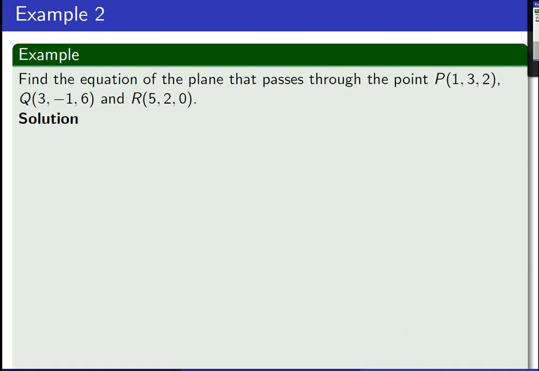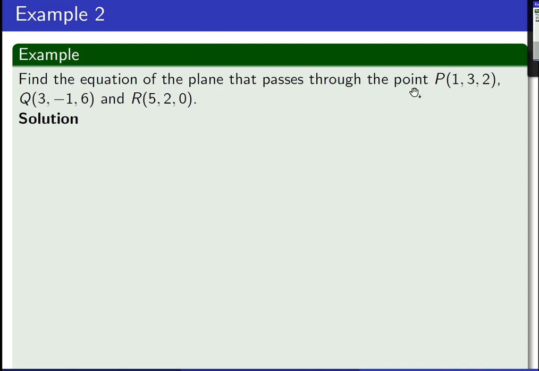We have another example, where we need to find the equation of the plane that passes through the points P(1, 3, 2), Q(3, -1, 6), and R(5, 2, 0).